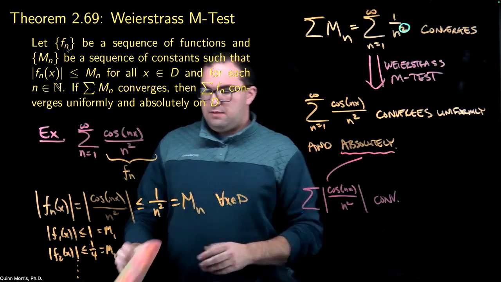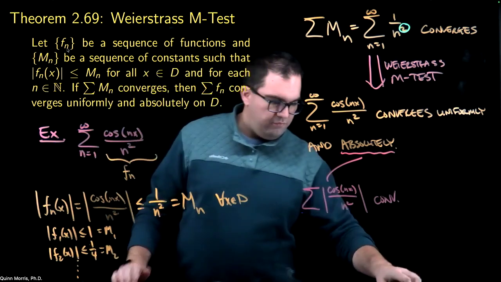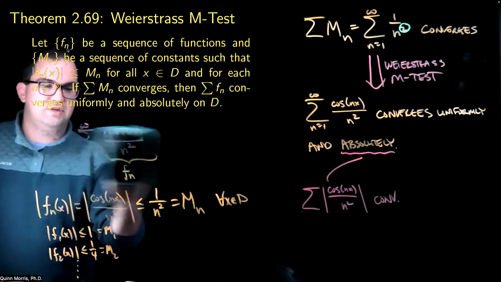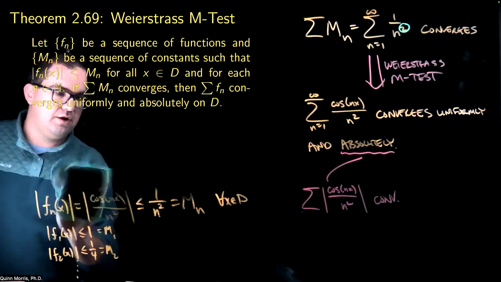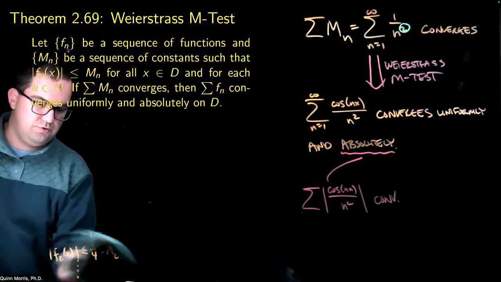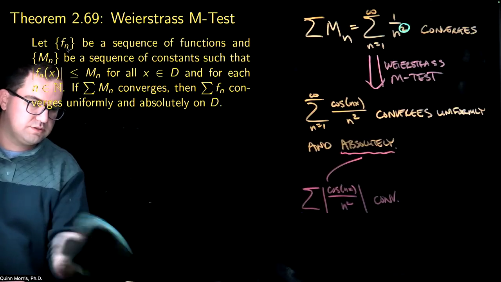Okay. Now let's look at the proof of this. I'm not going to write out the full details of the proof here, but at least we'll sketch out the idea so you get some sense of why this works.